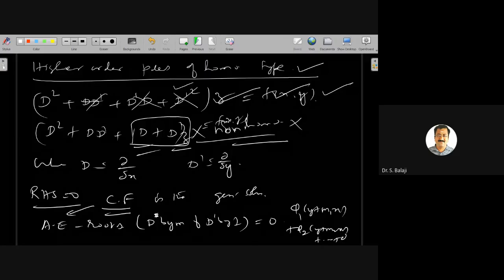It depends on how many roots you have. If two roots are equal, you have to put one x; if three roots are equal, you put one more, x squared: phi1(y + m1x), x phi2, x squared phi3, and so on. For complex roots, just replace with alpha plus i beta, alpha minus i beta, and so on, for the complementary function.